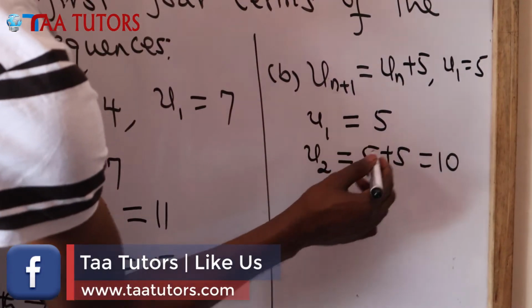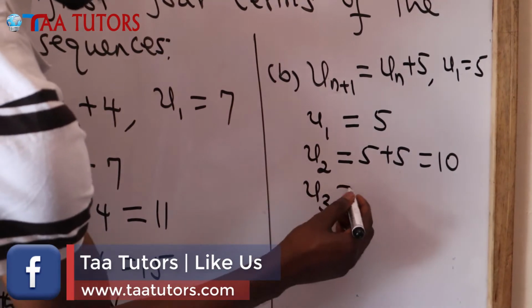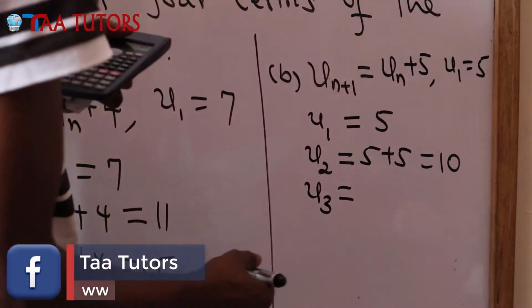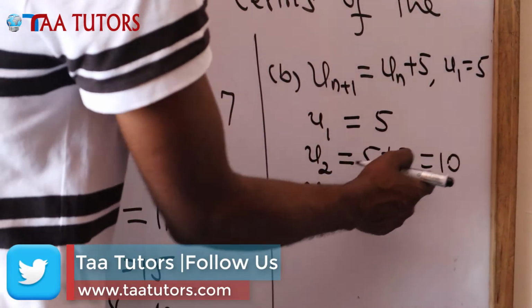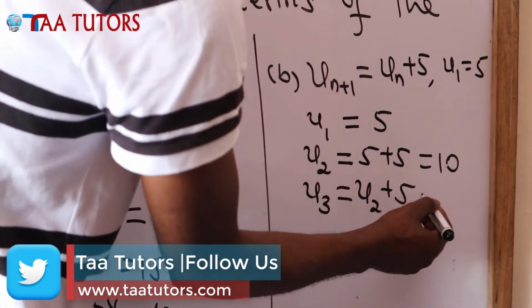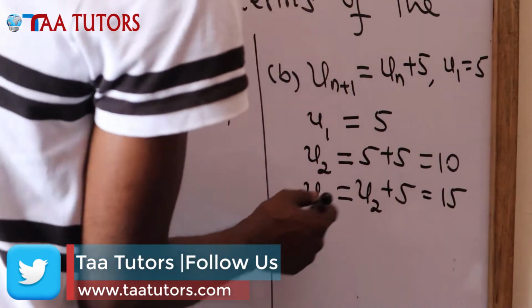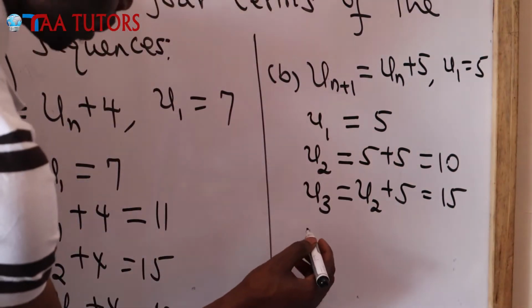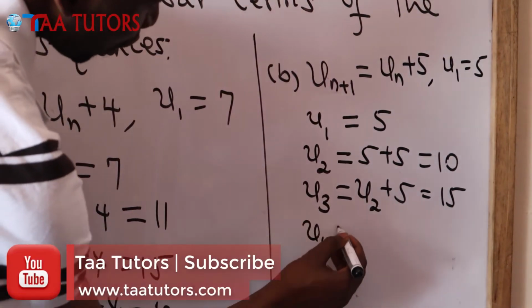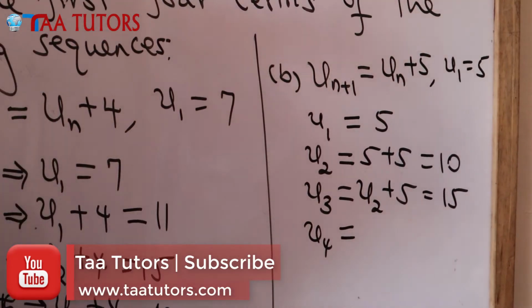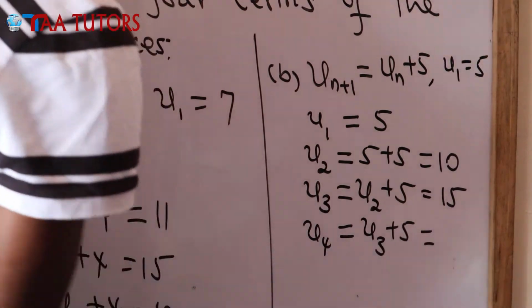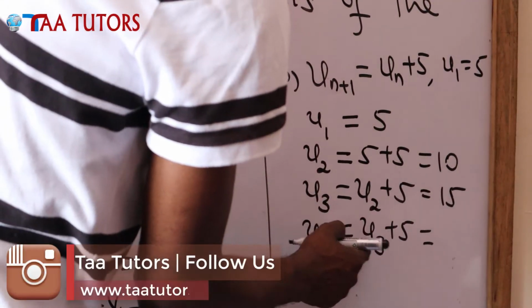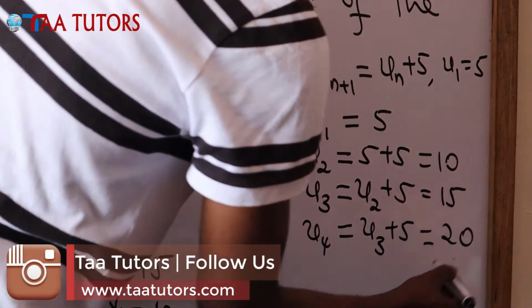So u3 will be u2 plus 5, and u2 plus 5 here is 10, so 10 plus 5 is actually 15. u4 will be u3 plus 5, which is 15 plus 5, actually 20.